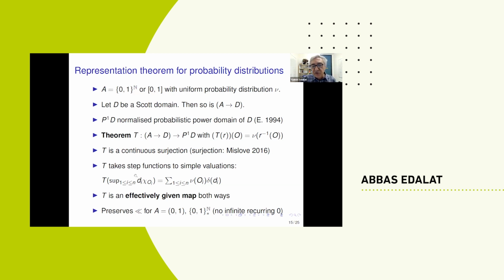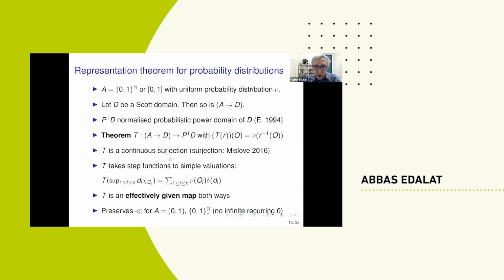So T is a continuous surjection, that's the theorem. The surjection component of this property was actually proved by Mike Mislove in a paper on the arXiv in 2016 by using a sequence of pure maths results in classical measure theory and domain theory. Our proof is very elementary and very direct.